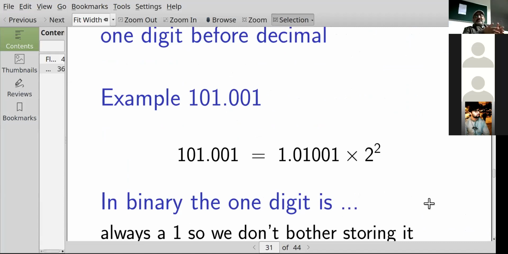So that 1 is always going to be there. And if 1 is always going to be there, then we can just understand that the 1 is there, and we don't have to store it. We don't need to store it anymore.